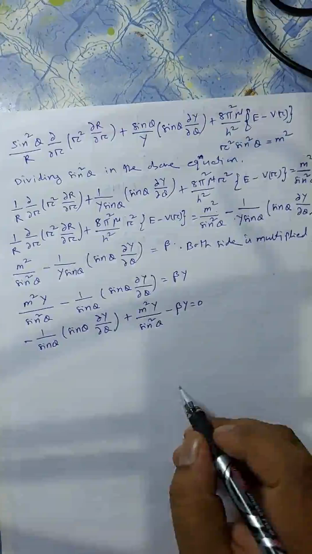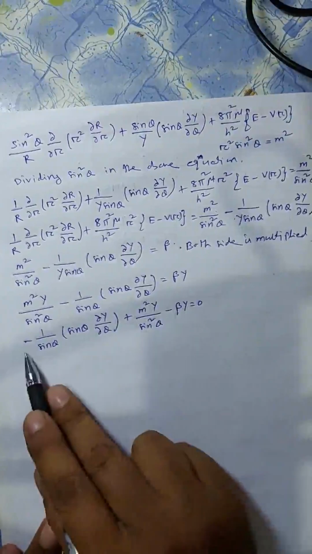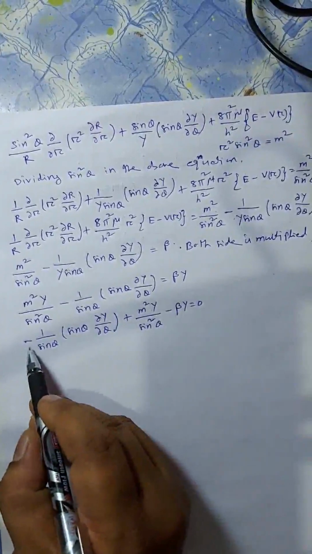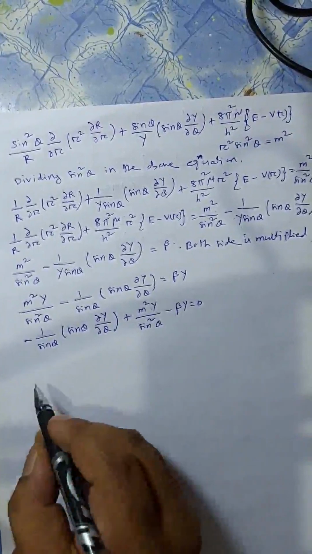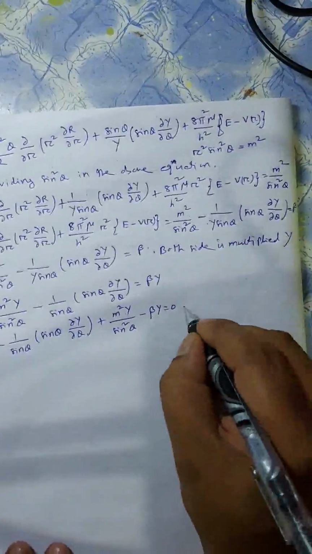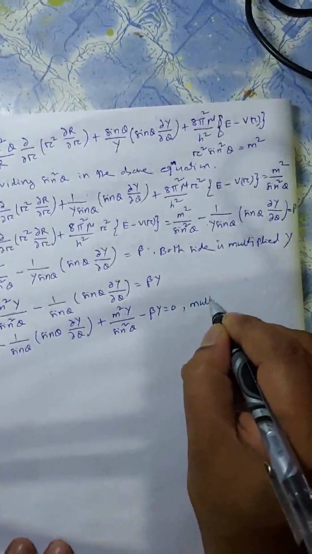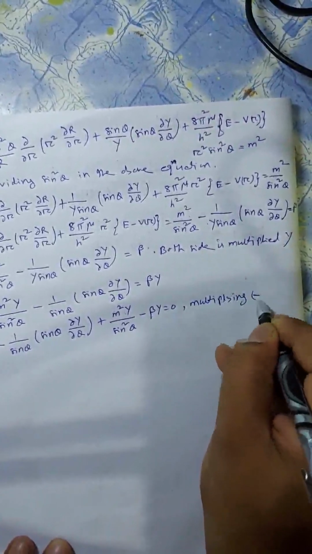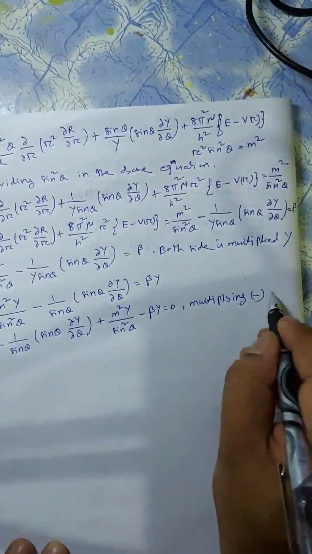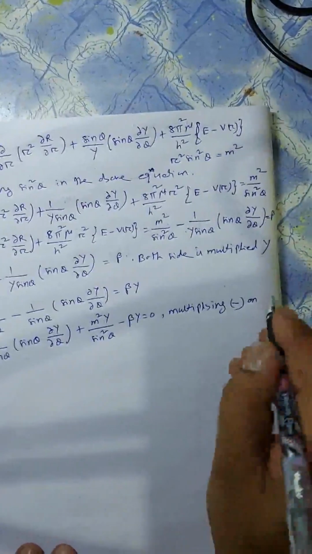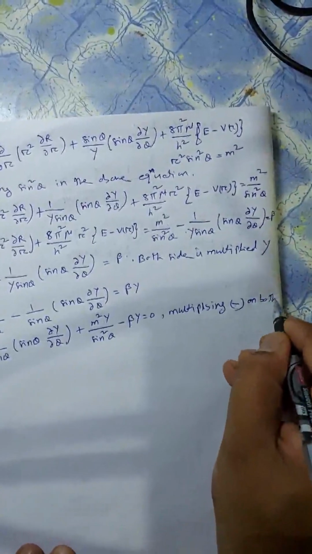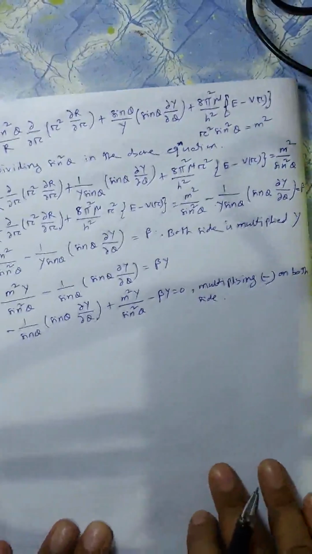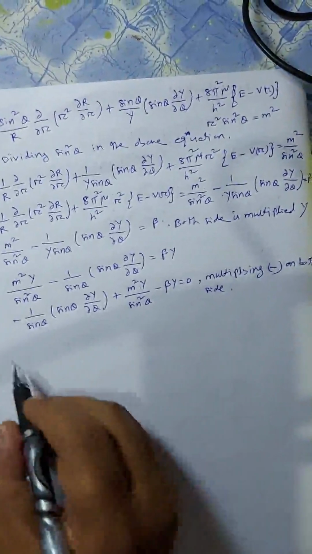Then what do we do? Take y common and multiply by minus in all cases. When we multiply by minus, it becomes plus. We have to multiply by minus on both sides. So what happens?